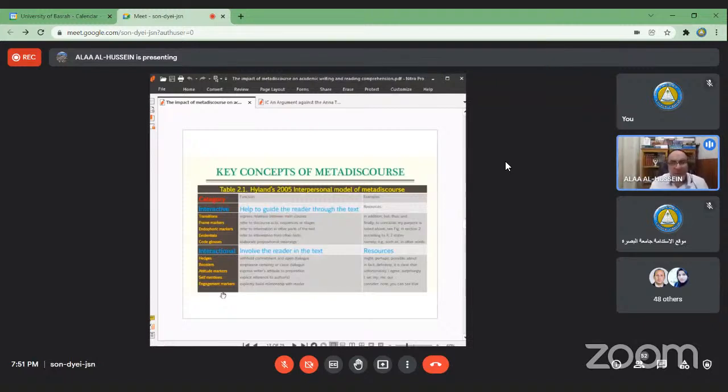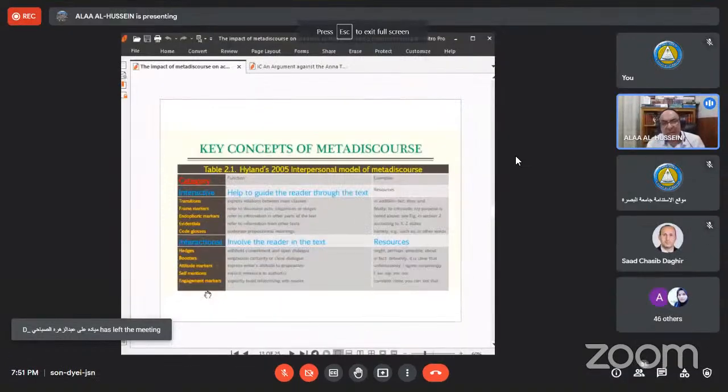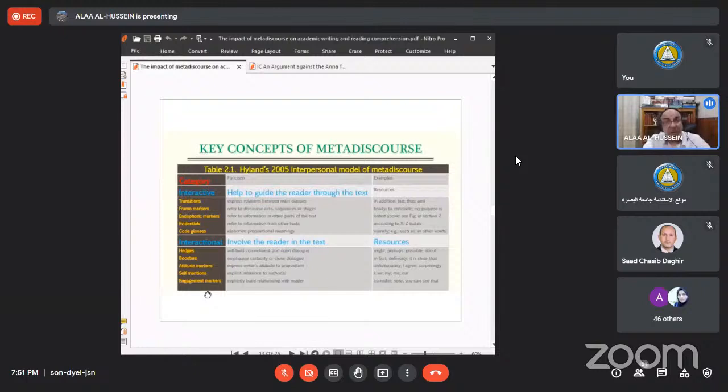Evidentials refer to other writers, code glosses explain and rephrase what has already been said, and anaphoric markers refer to other parts of the text. Sometimes we say in section or in the following section. So these are, I guess, markers referring to other parts of your text.